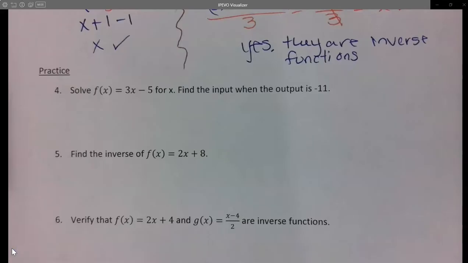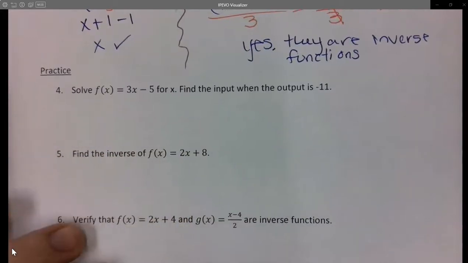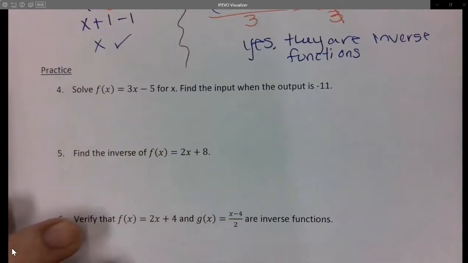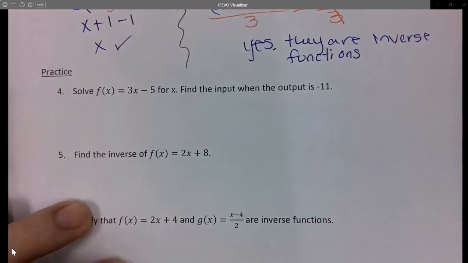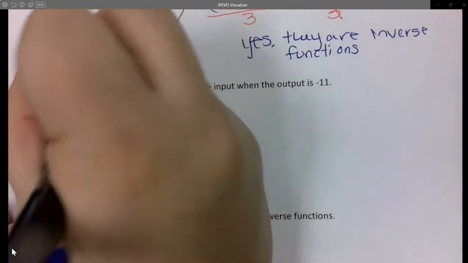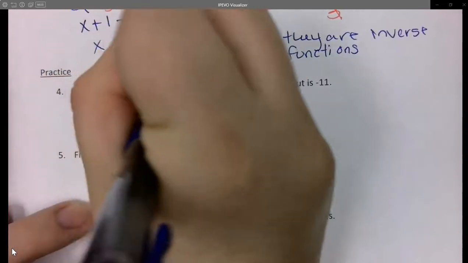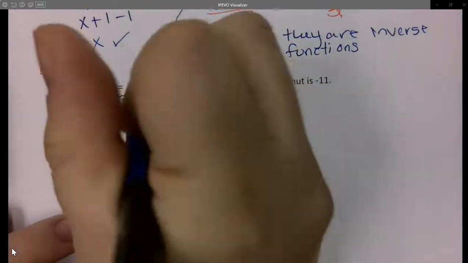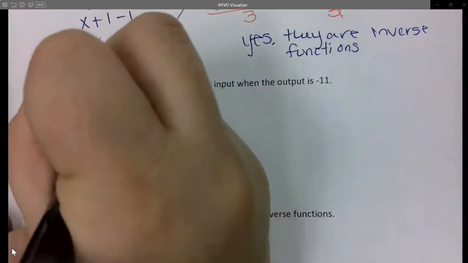Okay, number 4 wants me to find the inverse and then find the input when the output is 11. So I want to switch my variables. I am going to have x equals 3y minus 5. I want to add 5 to both sides.